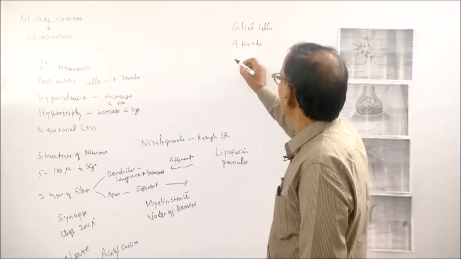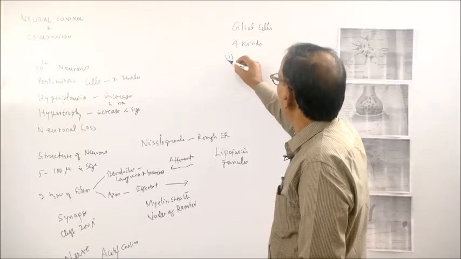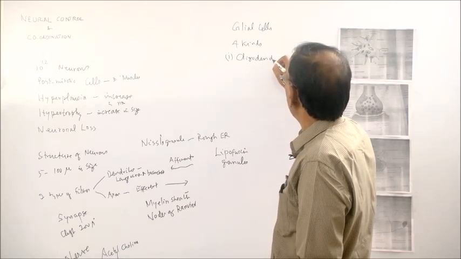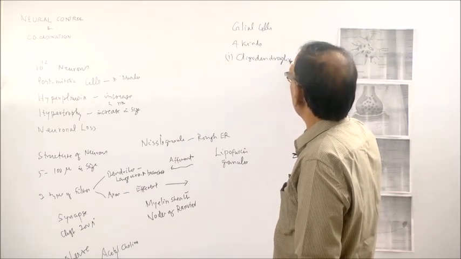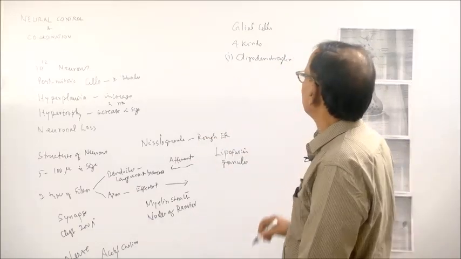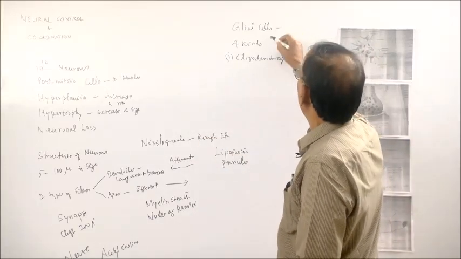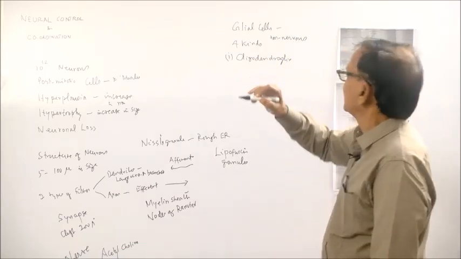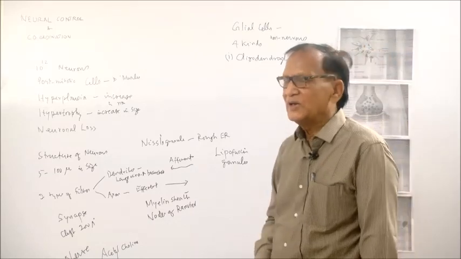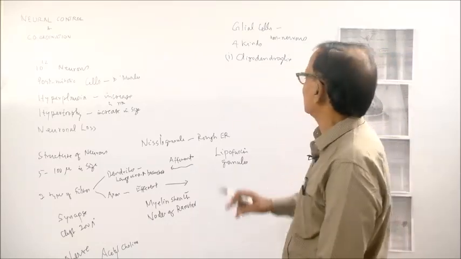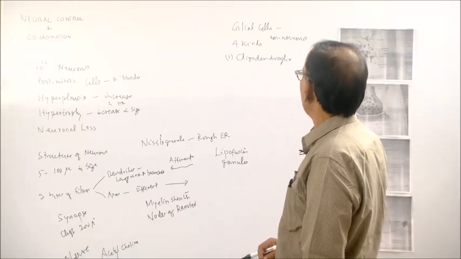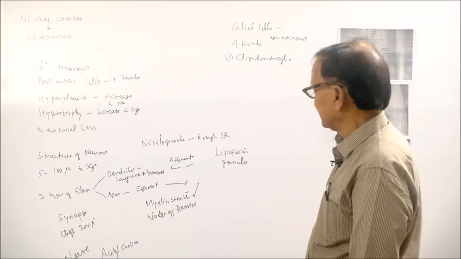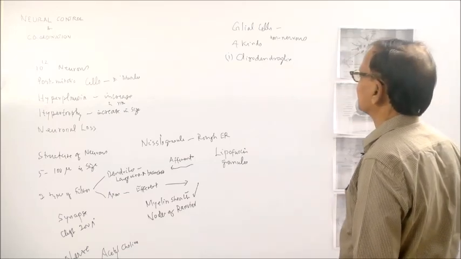Four kinds. One is called oligodendroglia. These are non-nervous. That means they do not conduct nerve impulses, but they perform other important functions. Oligodendroglia synthesize the myelin sheath inside the central nervous system.